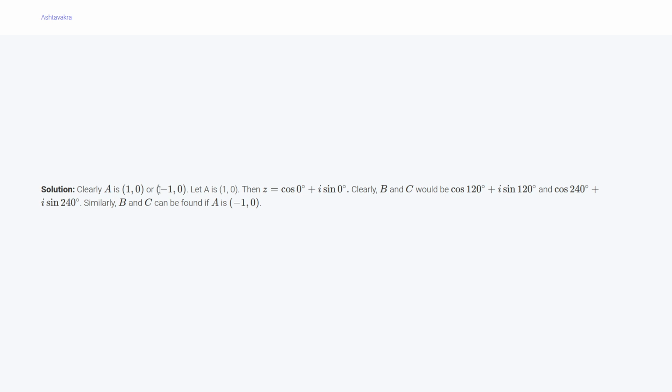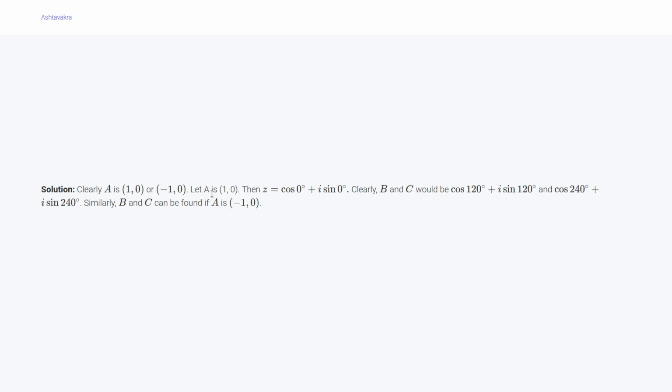How we have arrived at this is that it's the circumcircle of an equilateral triangle ABC, and O is the origin, and A lies on the x-axis. So the circle would cut the x-axis, and the distance from origin to this point A would be equal to the radius, but the radius is unity. The circle will cut on the left side and right side, so it would be either minus 1, 0 or 1, 0.